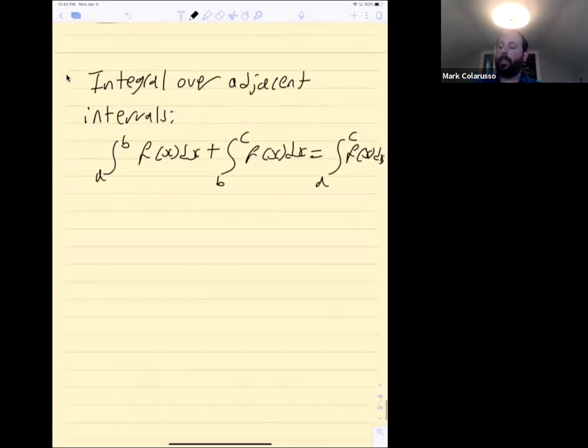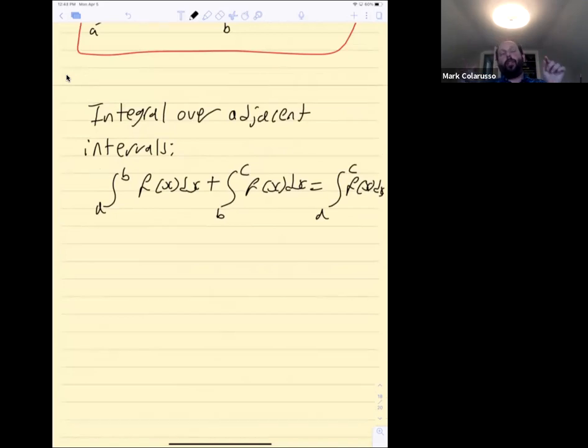So it's like if you take one integral from a to b and the other from b to c, and you add those integrals together, you get the integral of the whole thing from a to c. That's how to think of it.